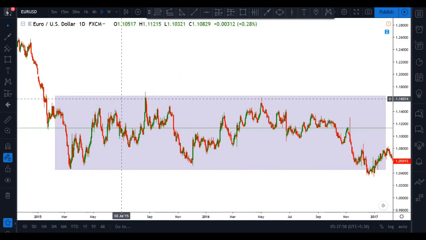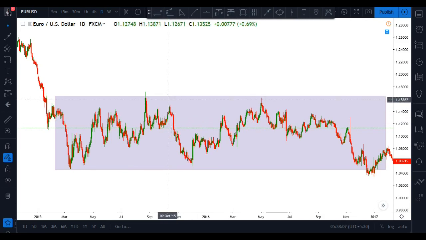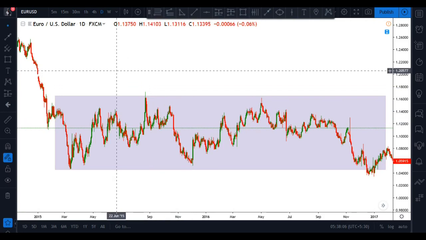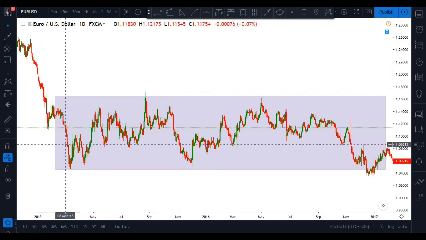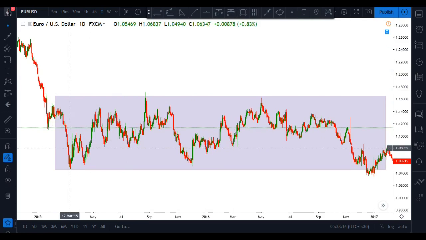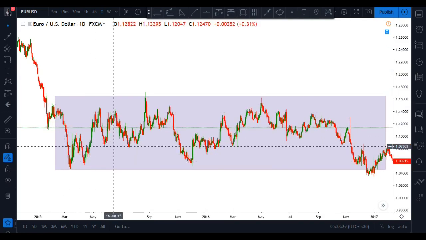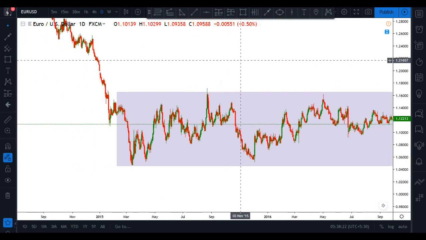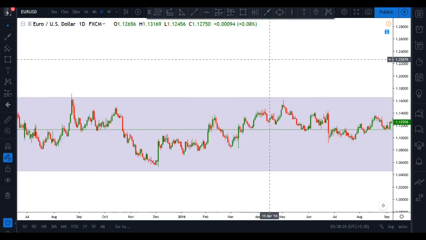According to the statistics, a market trends only about 30% of the time and consolidates about 70% of the time. So this is the market movement that we can see more often in the markets.